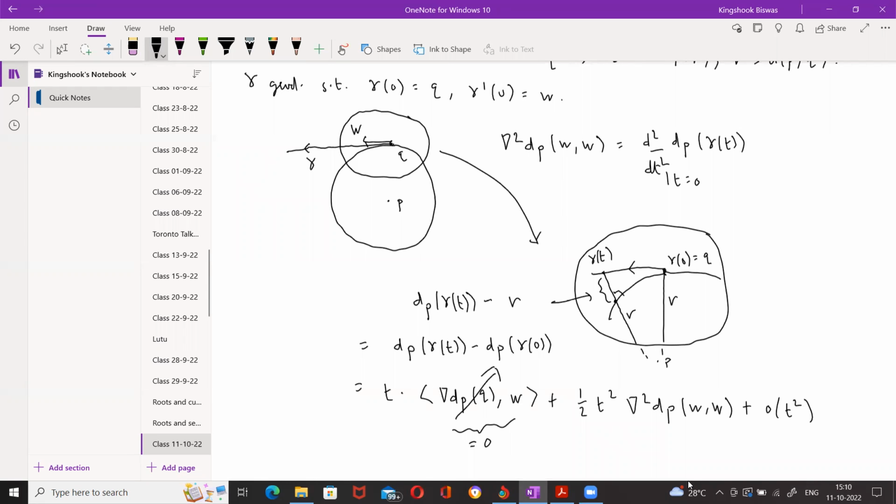Do you understand? Okay. So that's why the Hessian is a measure of curvature, because it's telling you how far you are from being straight. Being straight means being geodesic, so this is giving you the deviation from being straight. Does it make sense? So this little thing is nothing but t squared times the Hessian.